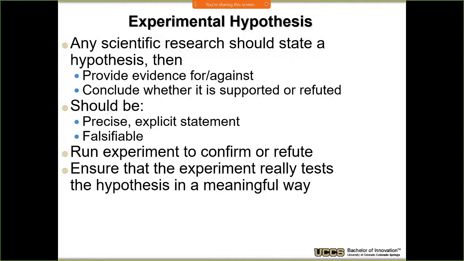So when we design our hypothesis, it should be a precise and explicit statement, and it should be what's called falsifiable. All I can do with the theory is prove it to be false by my experimentation. This is why, in the beginning, many students get very confused. It's almost convoluted statements, because I can have a statement where I want to show my algorithm's better, and instead I design an experiment, and then I conclude that they're not the same.